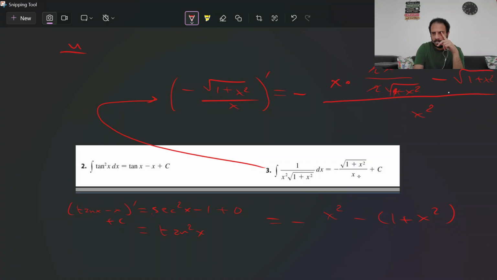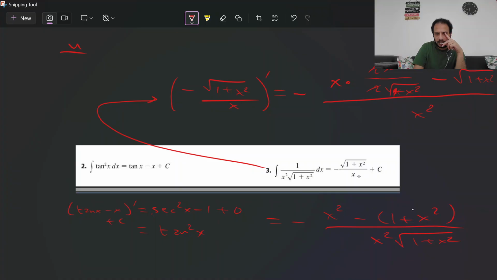Because we will multiply up and down by what? By the square root, right? Can I not do plus square root of 1 plus x squared instead? Here, minus 1 minus x squared. Yes, you can do that, but we will do it in the next step. Then you divide by x squared square root of 1 plus x squared.